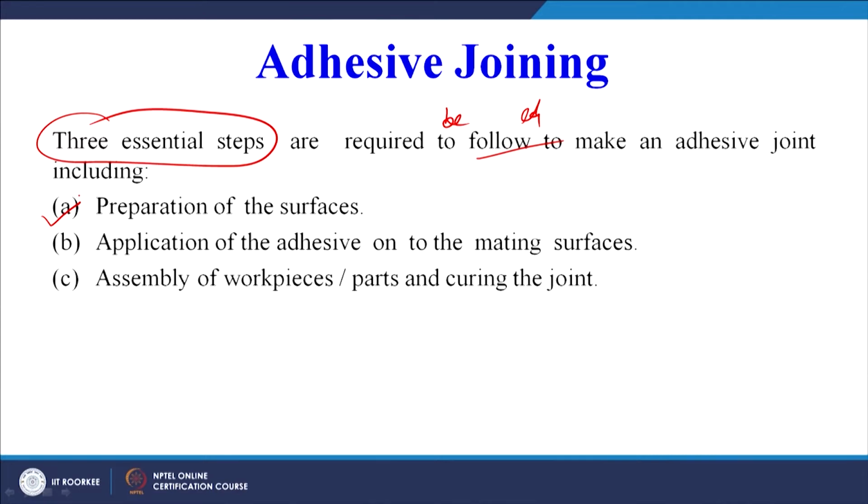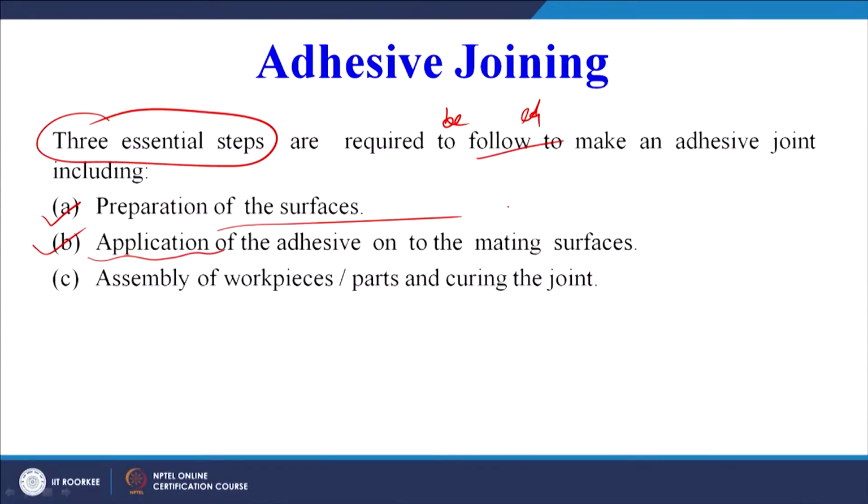The second is application of the adhesive on the mating surfaces. So second is we have to apply the adhesive, and the choice of the adhesive also has to be done judiciously, intelligently, logically. We cannot use all kinds of adhesives for all kinds of adherent materials or the materials to be joined together. So we have to first understand the compatibility of a particular type of adhesive for a particular type of surface or the part that has to be joined together.